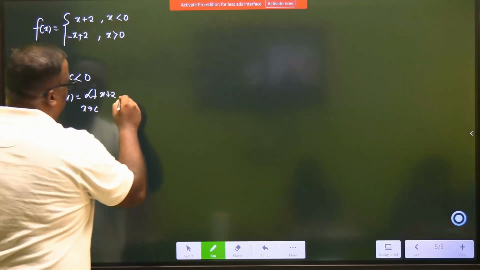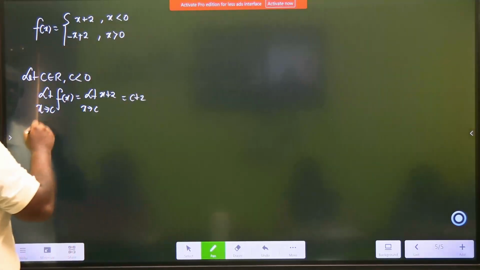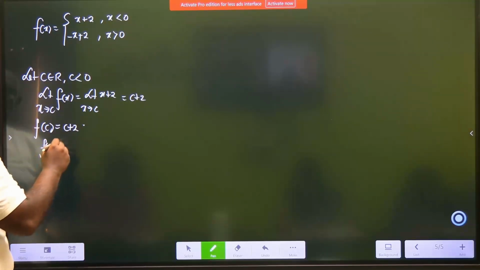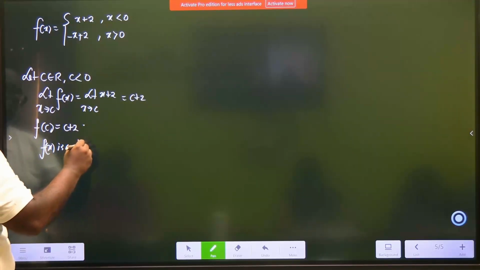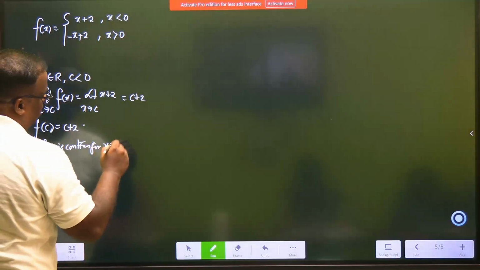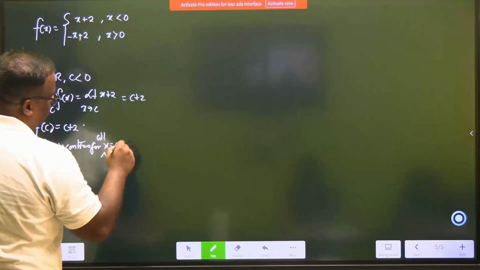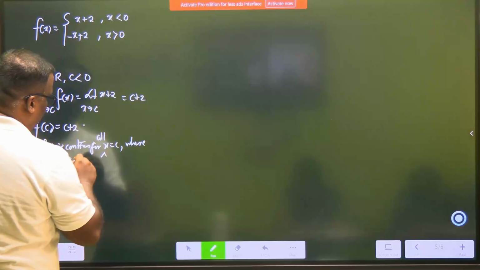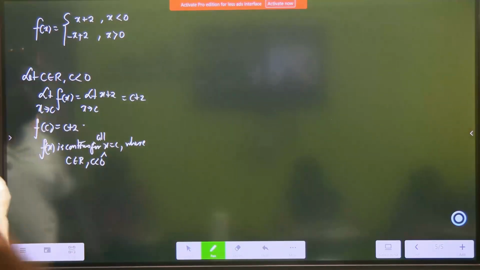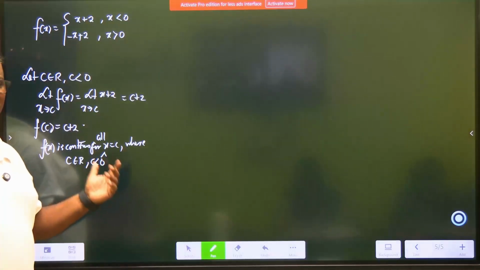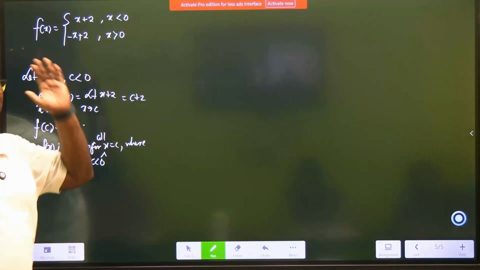So this value is C plus 2. F of C is C plus 2. So f of x is continuous for all x equal to C. You should write like this, where C belongs to R and C is less than 0. f of x is continuous for all x equal to C.